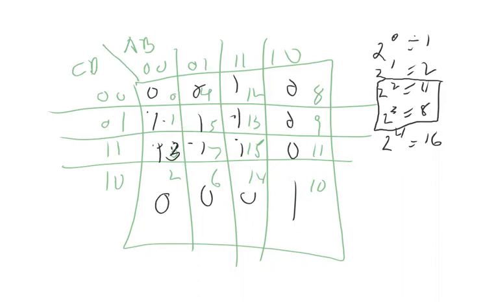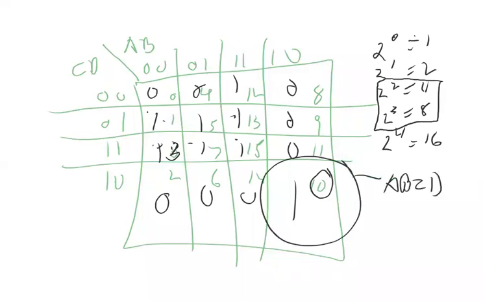What about this one? 10. Can I combine that with anything? No. So that's all by itself. A, B, C, D. Where do the primes go? B and D. There you go. That's exactly right.